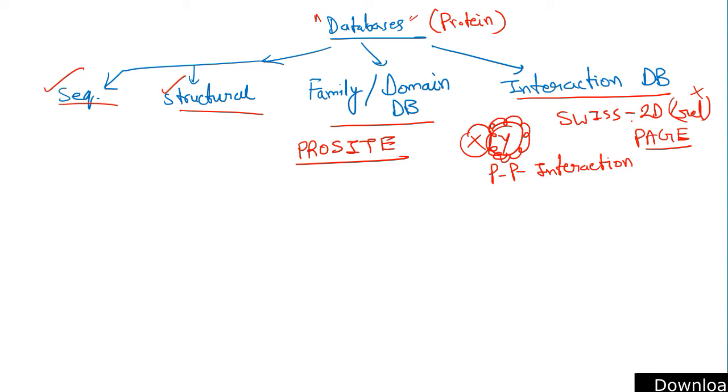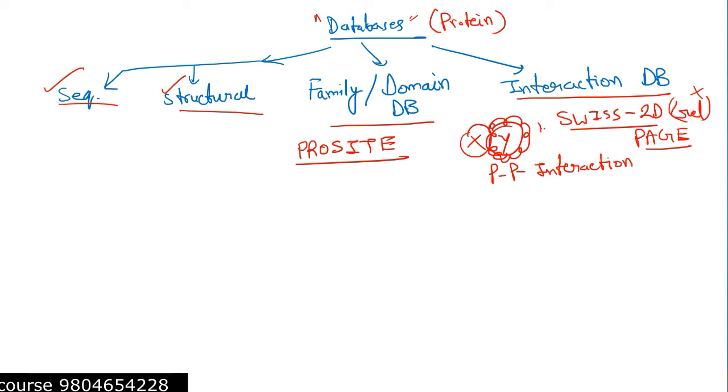So any protein that we identify based on 2D gel electrophoresis, the data is present in this 2D-PAGE database. For example, a variety of human proteins and mouse proteins, the data is available, even Arabidopsis thaliana, E. coli. From all these different sources, the proteins extracted and run through the SDS-PAGE are available in this database. So Swiss 2D-PAGE is one such example of an interaction database.